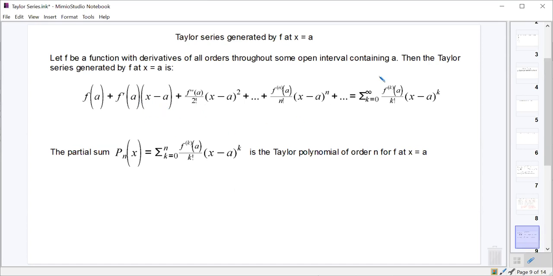So if I were to take a look at something that looked like 1 plus some constant in front of parenthesis x minus 1, plus some other constant times x minus 1 squared, and some other constant times x minus 1 cubed, we would know that should be a Taylor series generated at x equals 1, which would mean that the Taylor polynomial approximation would be very, very accurate around 1 rather than around 0, right?